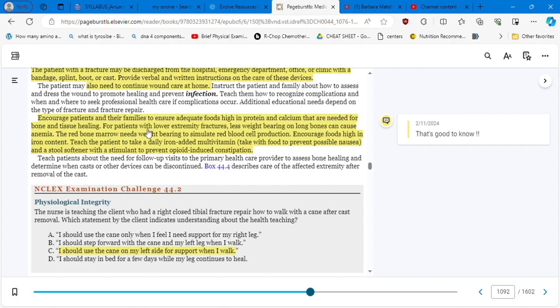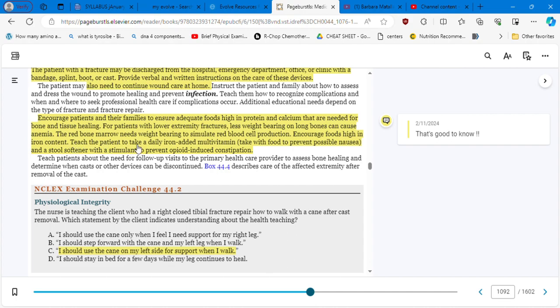The red bone marrow needs weight bearing to stimulate red blood cell production. That's why a sedentary life is not good. You need to walk. Encourage foods high in iron content.